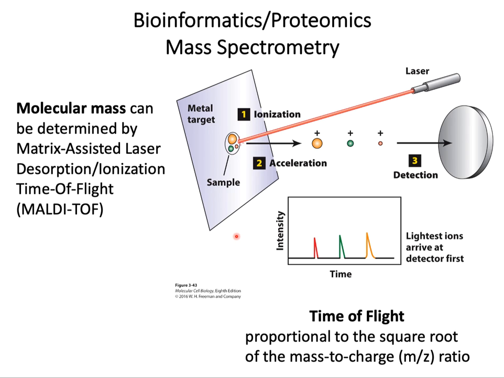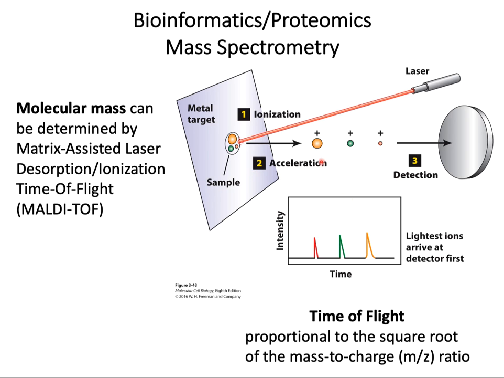How it works is that you have a sample that you are trying to characterize, and the sample is absorbed onto a metal target. Pulses of light from a laser will ionize the proteins and peptides in the mixture. They become charged. There is an electric field in the analyzer that accelerates the particles towards a detector. All particles will move at different rates.